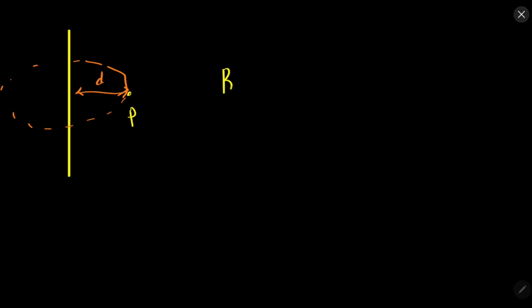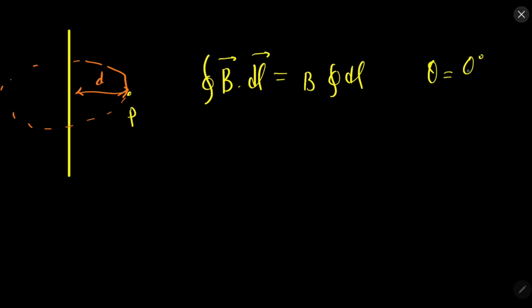Ultimately, according to B dot dl, once we solve this, B is constant, so it is B into dl, and theta is 0 degrees, therefore cos 0 degrees is 1. So let me write it: B cos 0 degrees and the integration of dl.